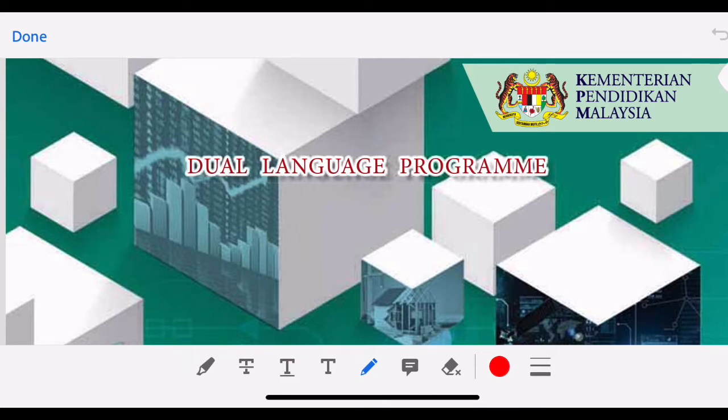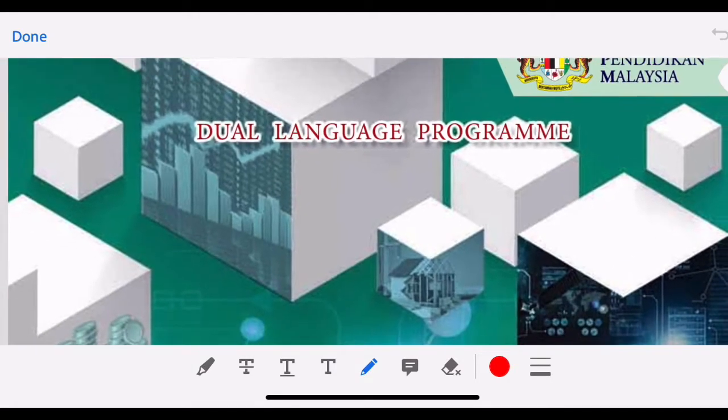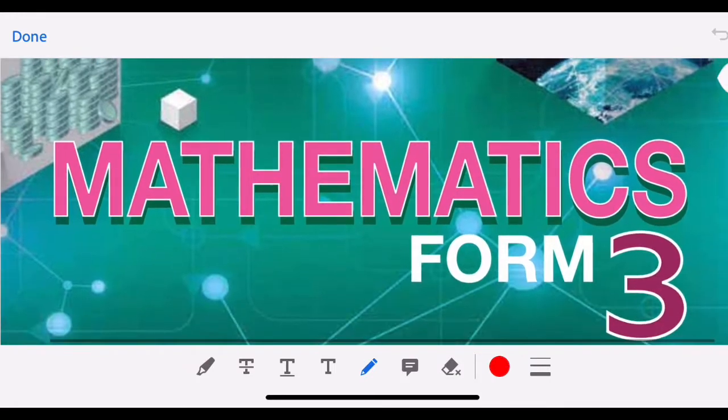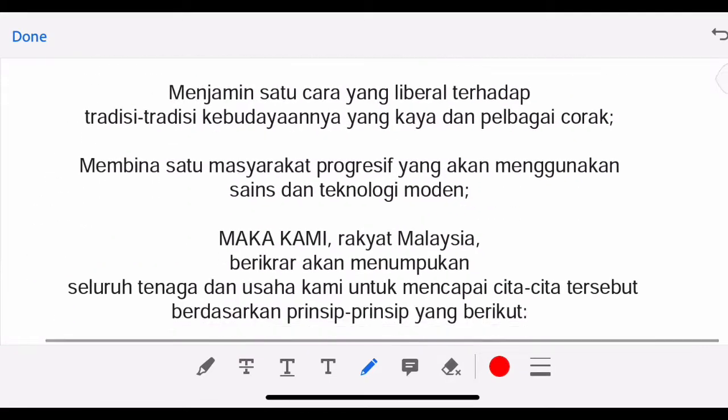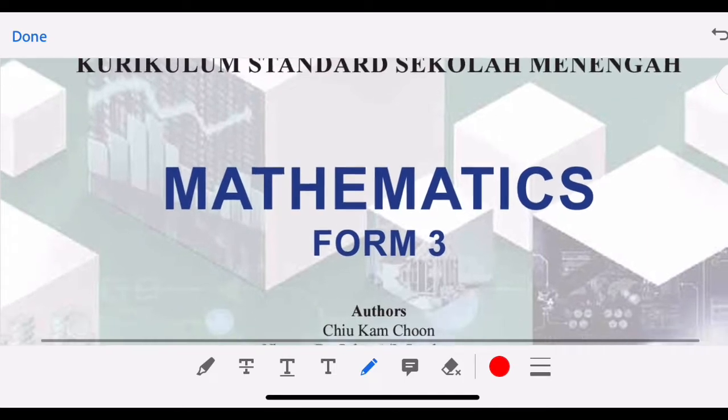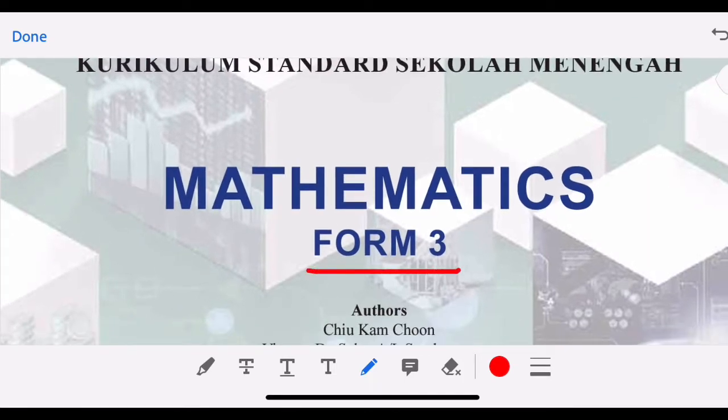So Form 3 is one of the most important bases of the mathematics that you must master before you go for your SPM exam, mathematics paper 1 and paper 2 on the 10th of March 2022, right? So let's get started with the class of revision, mathematics Form 3.